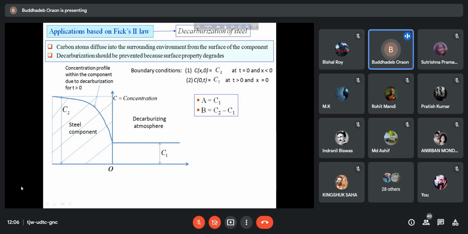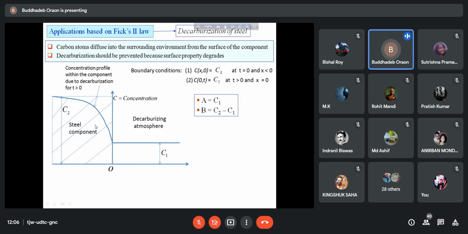In order to solve this type of problem, what you should first try to know is the likely concentration profile for that particular problem, and from the given boundary conditions, try to know the value of A and B, and you can find out the concentration at a particular depth and for a particular time. That is the main idea.